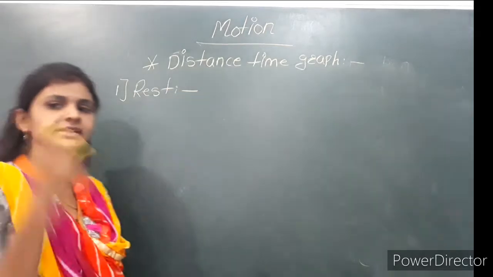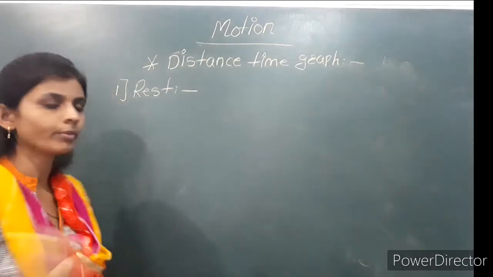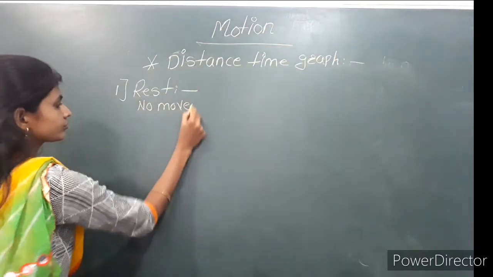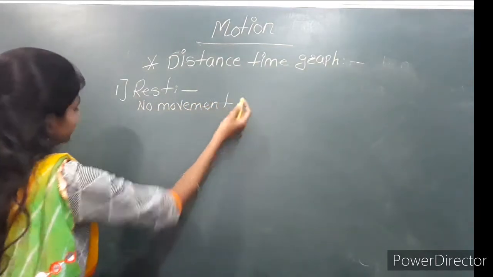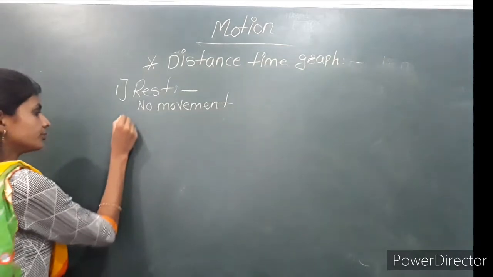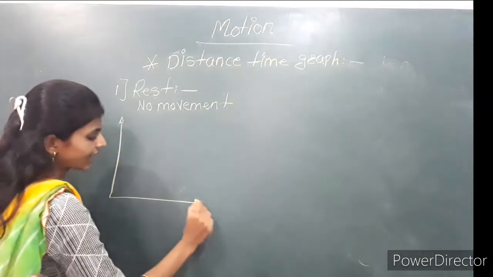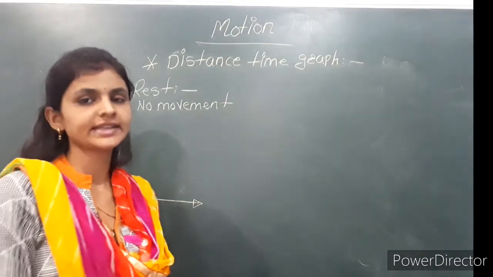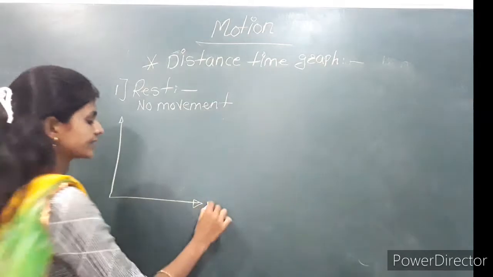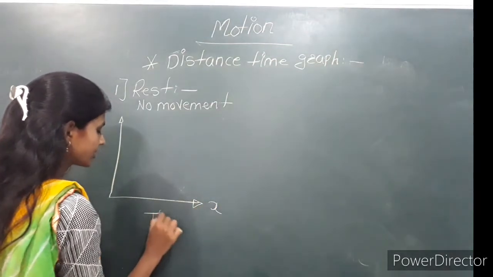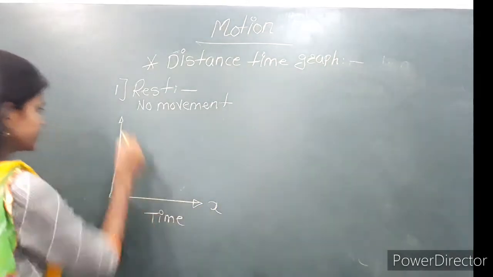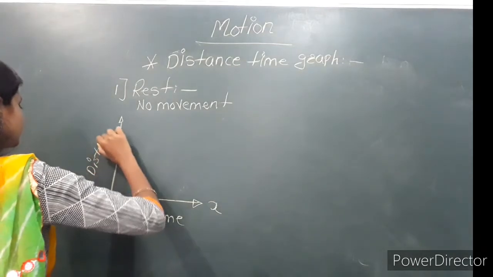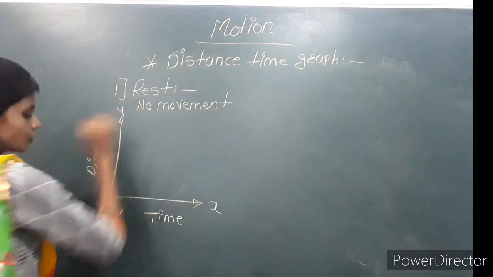Object at rest means the object is not showing any movement. No movement means no motion. To draw the distance time graph, we take time along the x-axis and distance along the y-axis.